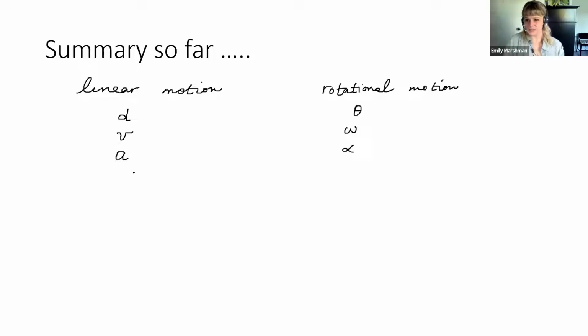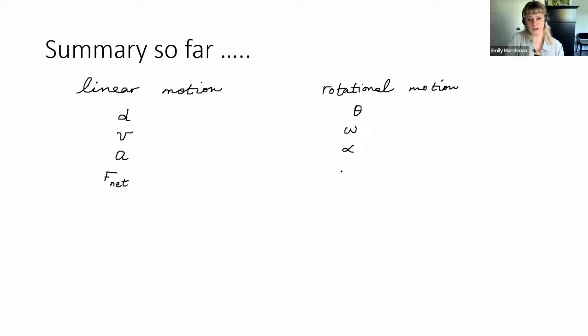The amazing thing about rotational motion is that the analogies go on even further. So in linear motion, we learned that for an object to experience acceleration, it must have a net force acting on it. In rotational motion, the thing that causes the object to rotate is called a torque.